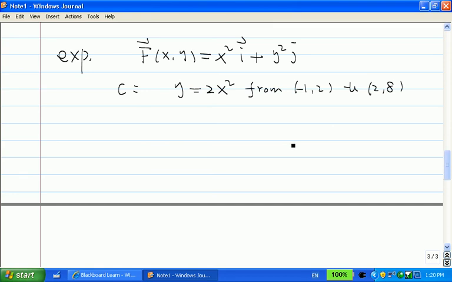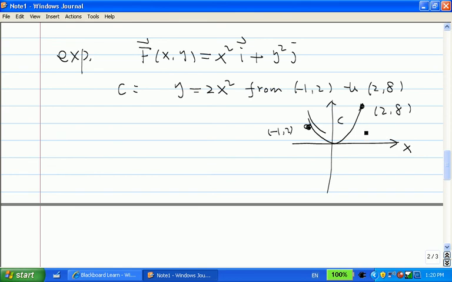Okay. What does my curve look like? X and Y is a parabola. Say here is this point, -1 and 2, and this one point here is 2 and 8. Okay, this is our C. Also, any curve can be described by r of t, right?